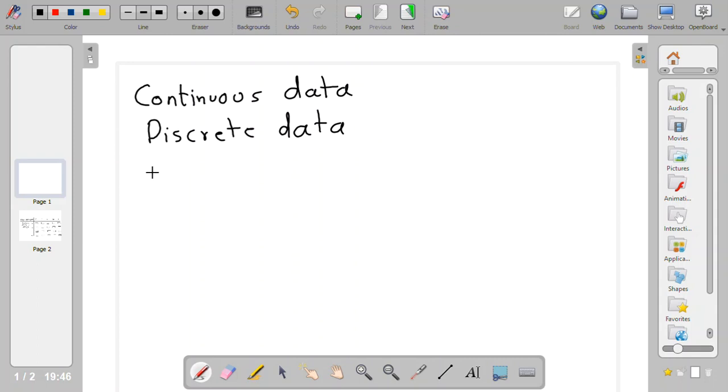And last time we saw process capability. So what is process capability? Can anyone guess? Okay, so why are we using process capability?